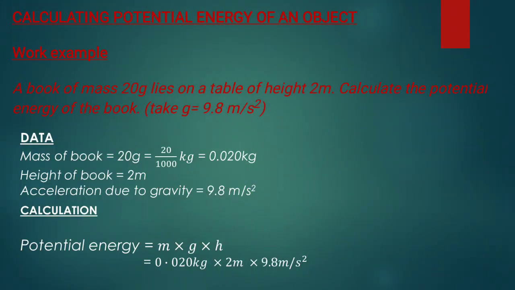Now let us look at a worked example, calculating potential energy of an object. A book of mass 20 grams lies on a table of height 2 meters. Calculate the potential energy of the body. Take acceleration due to gravity, that's g, to be 9.8 meters per second squared.